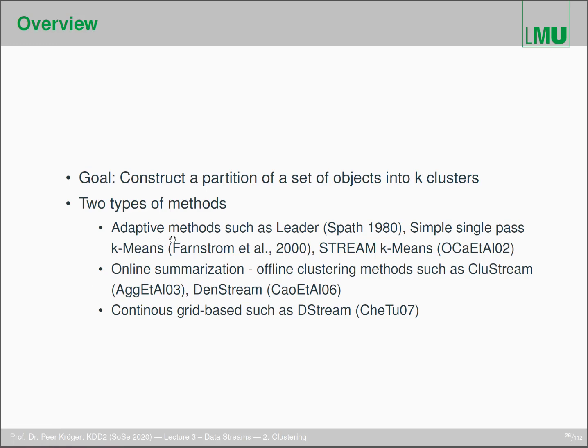So the first type of methods use a kind of adaptation of traditional clustering methods to streams, which typically end up in so-called single pass algorithms. So each data object is only processed once, which is a single pass algorithm for the batch scenario, and that can obviously be applied to streams, as long as each point is only processed at a time and only once.